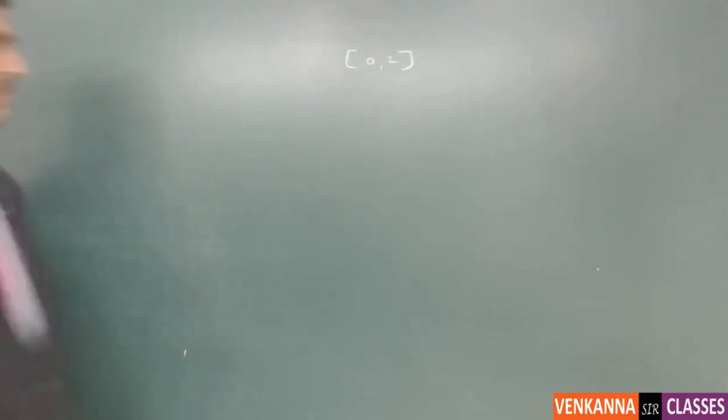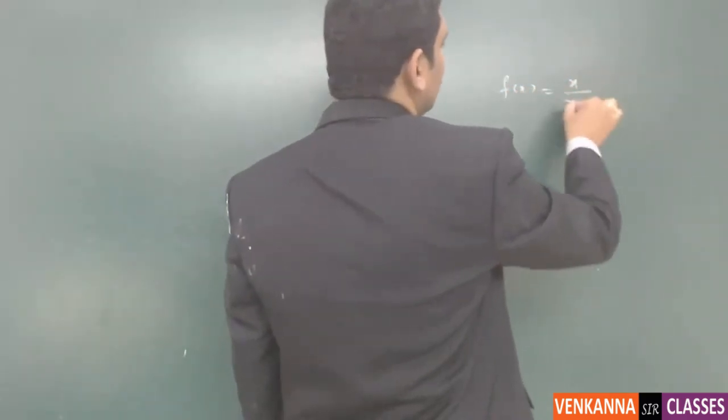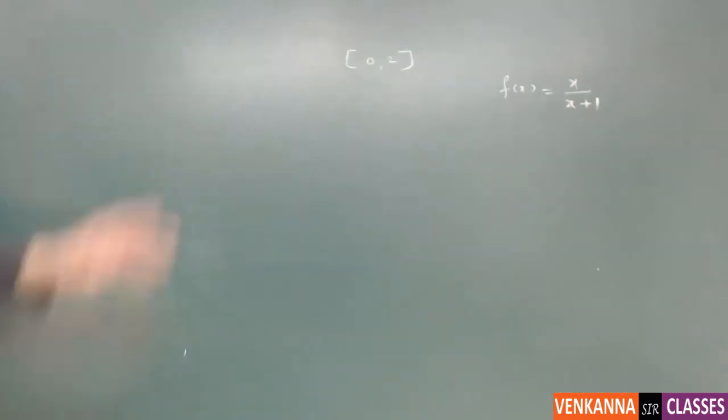I have taken the function as f(x) = x/(x+1). I am going to prove that the function is uniformly continuous on this. In other words, I am going to build a relation between delta and epsilon.